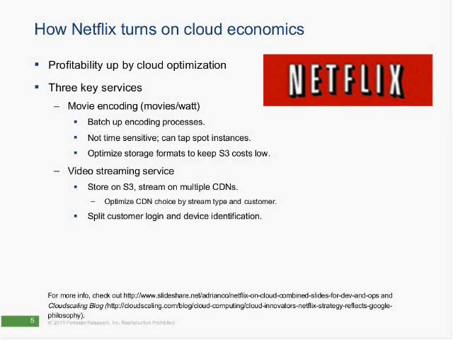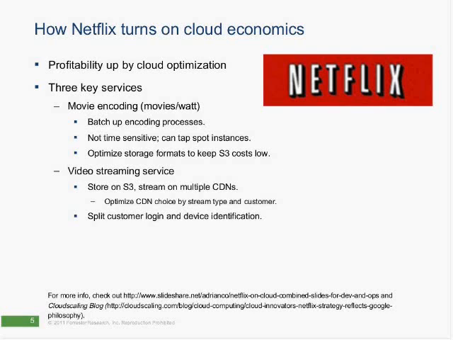They're also being very clear about identifying the user, the type of connection the user is coming in from, and making sure the right stream goes to the right CDN for distribution to that user. So a lot of optimization is going on here to keep CDN costs low and do a trade-off between CDN costs and the cloud cost, but try to keep both sides as low as possible.